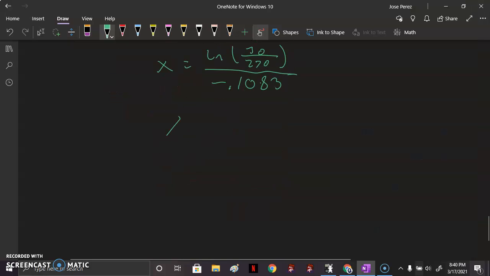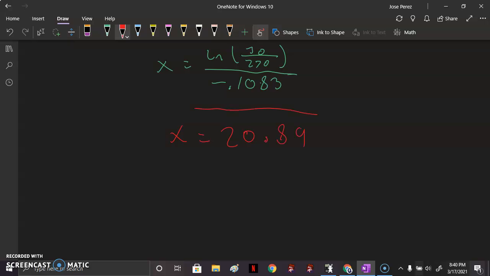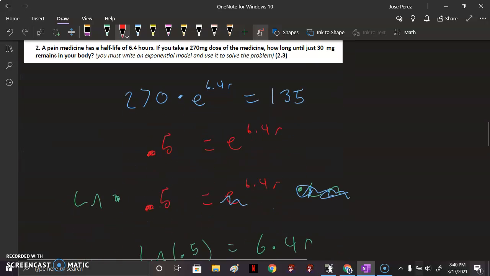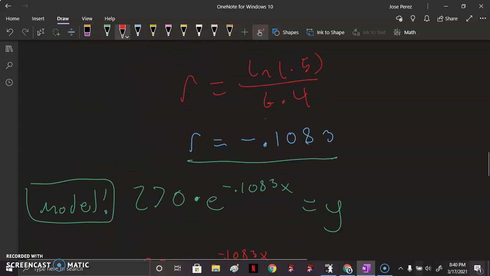We're going to get x is equal to 20.89, and that is our answer. And I rounded it up, so that's why. So our half-life will be this solution. It will be that many hours, if I remember correctly.